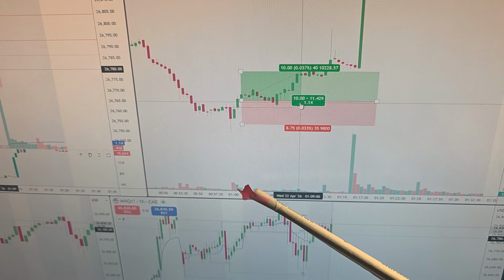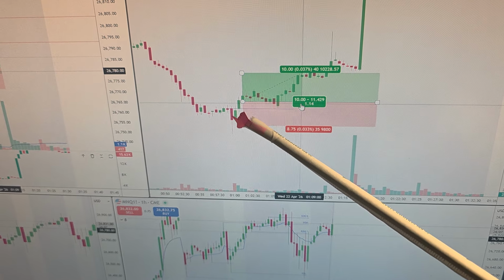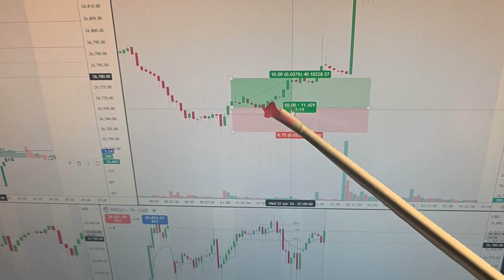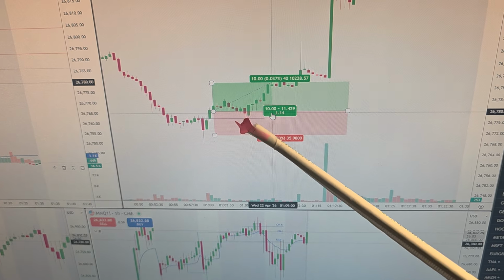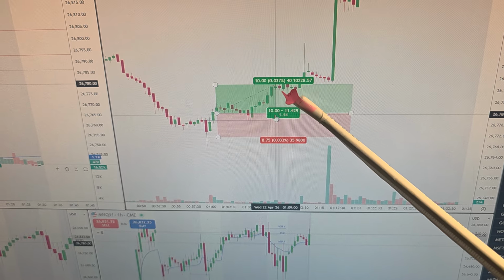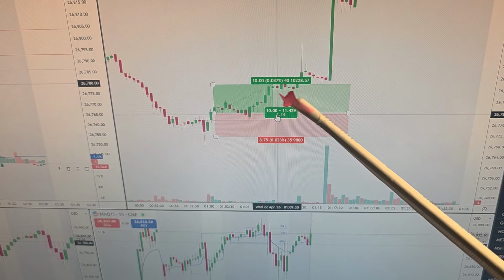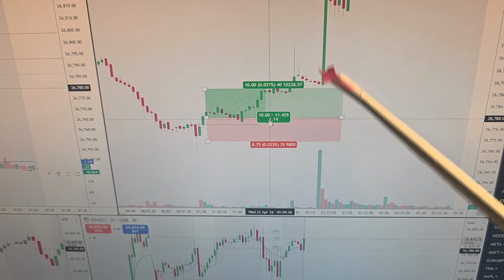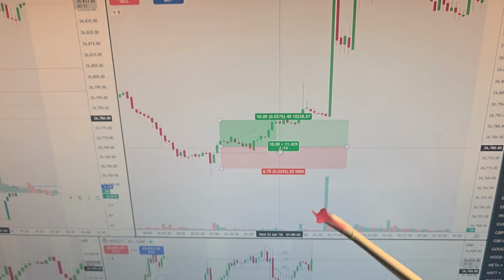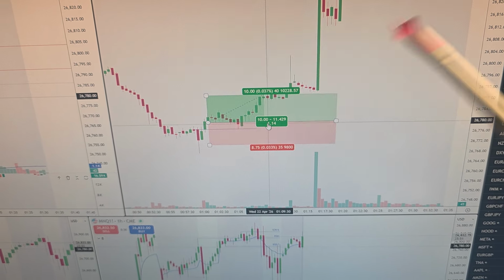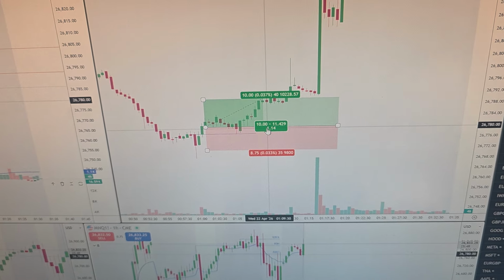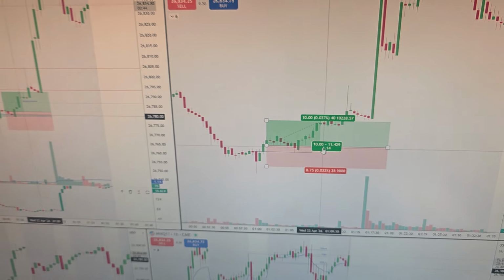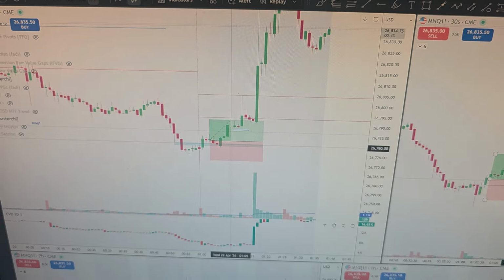Although I would have loved to see some volume there, it chops around a little bit and then it starts to move, and then it chops around here, it starts to move again, and then really boom. And I'm not greedy, I just do the 1-to-1. But yeah, this was an A plus.